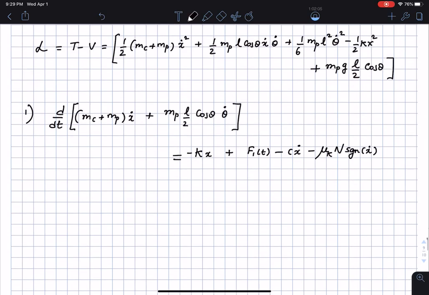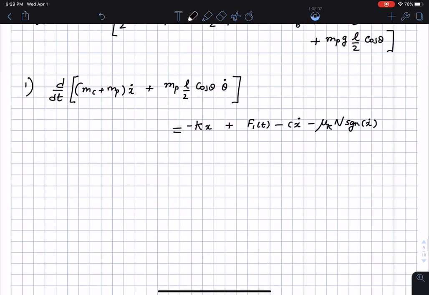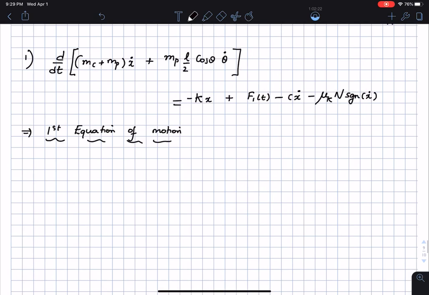All right, and if I rewrite this and have the first equation of motion, then I get the following. I have to do the time derivative of the term inside the bracket there, so that's going to be mc plus mp x double dot.